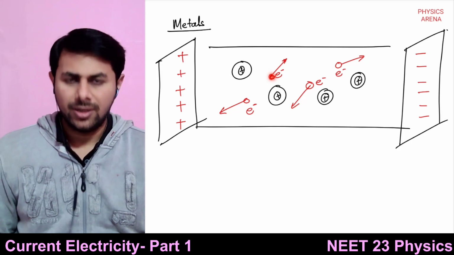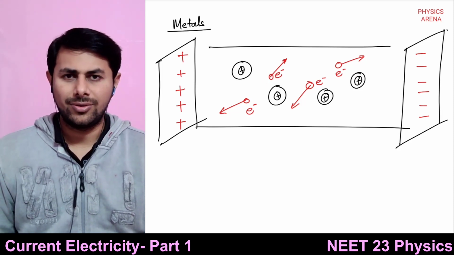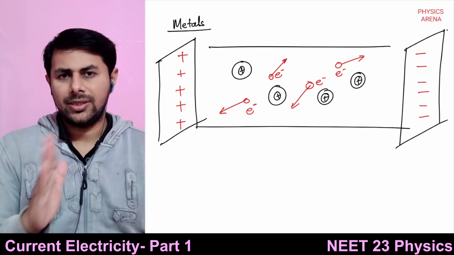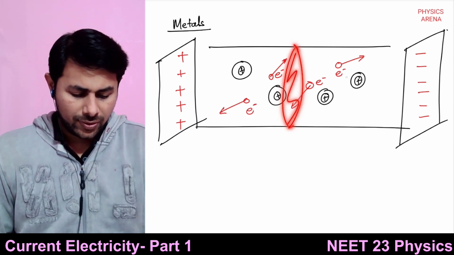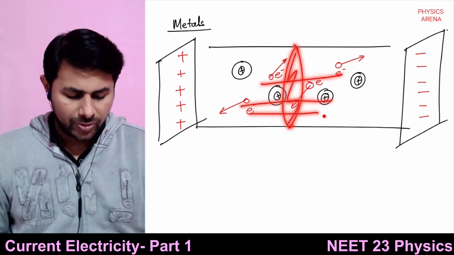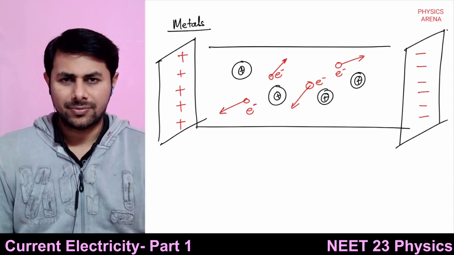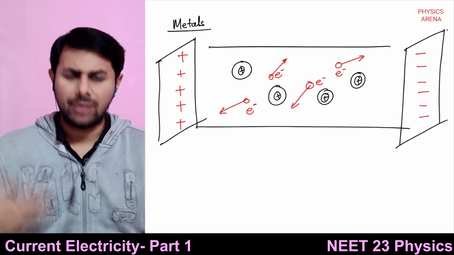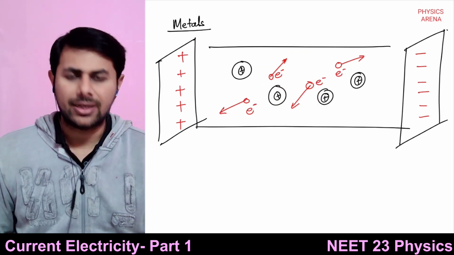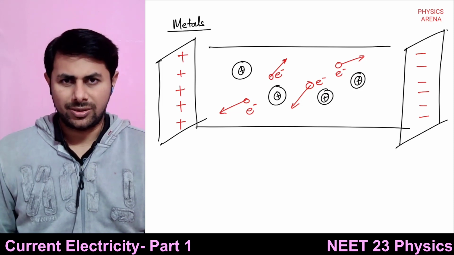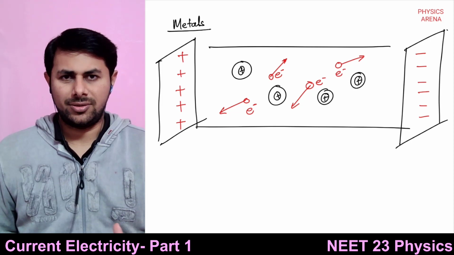So electrons will start moving towards this positive plate. And if we consider any cross-sectional area, some net charge will keep on moving through the cross-sectional area. Some electrons will cross the area at any given time, so some net charge moves, and due to that there is a flow of current, we can say.